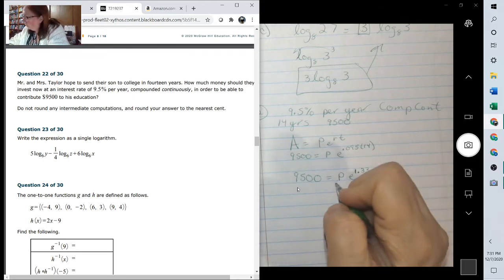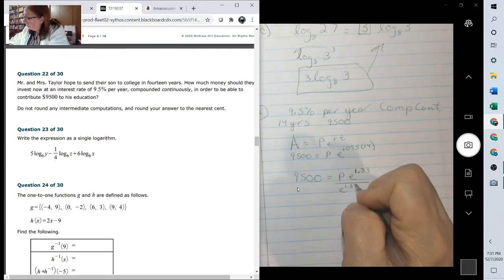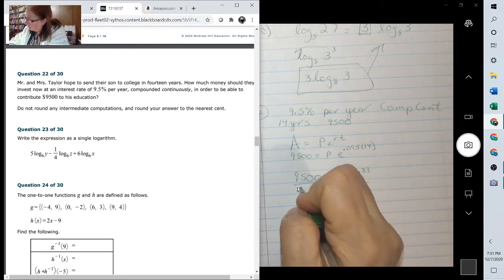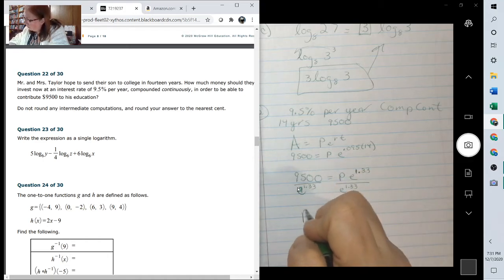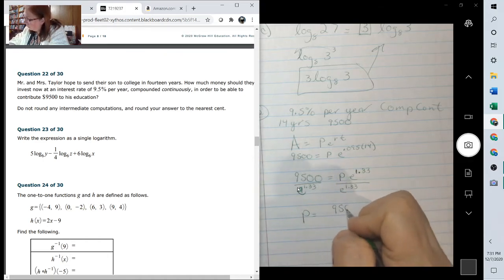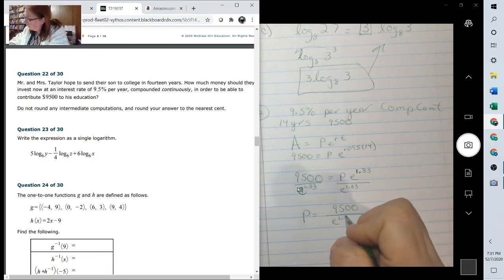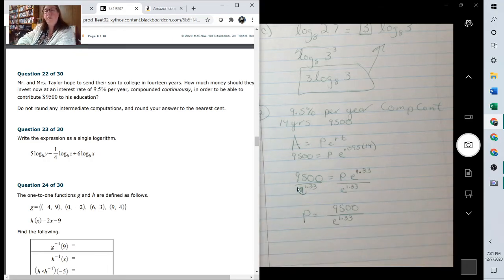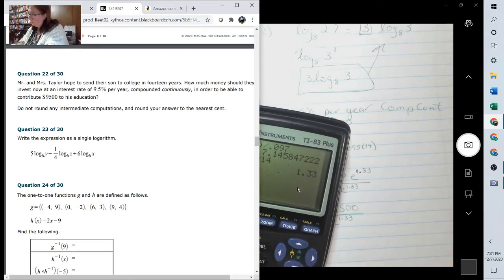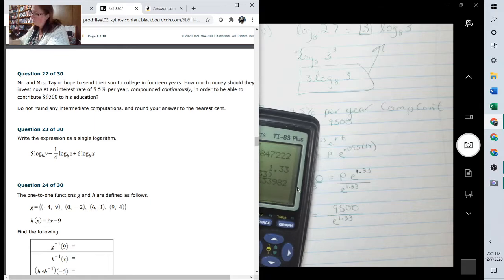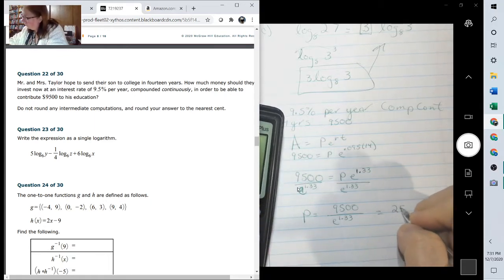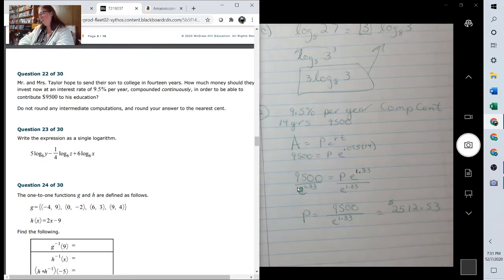We're getting P by itself, so we're going to divide by e. And you just plug that into your calculator. 9,500 divided by e to the 1.33. 2512.53. So $2,512.53.